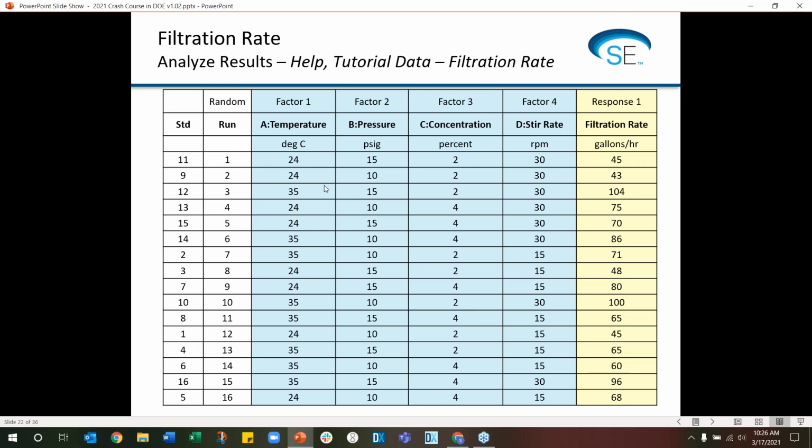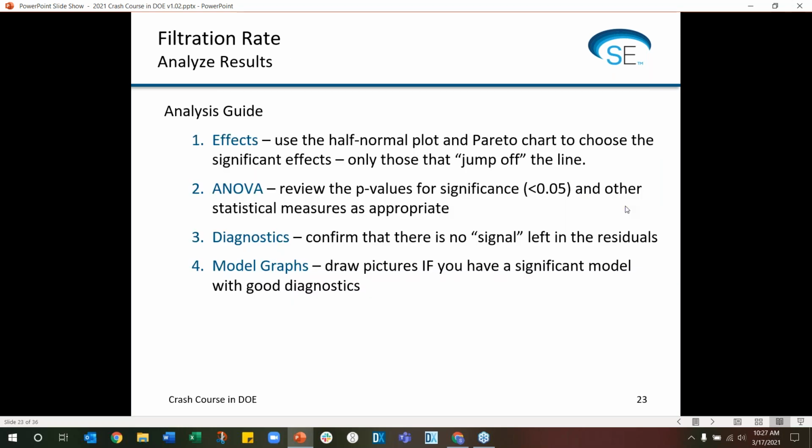The data spreadsheet is going to look like this with the gallons per hour. So you can see we've got data all the way from the mid 40s gallons per hour all the way up to over 100 gallons per hour. So a nice spread of the data.